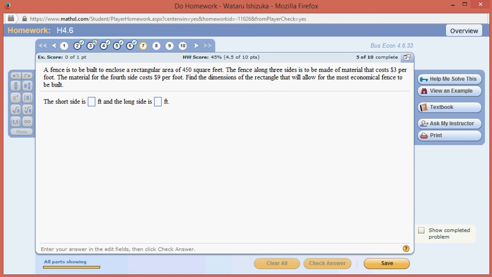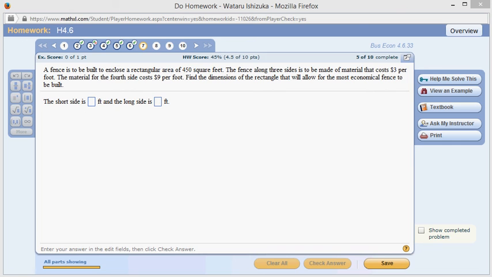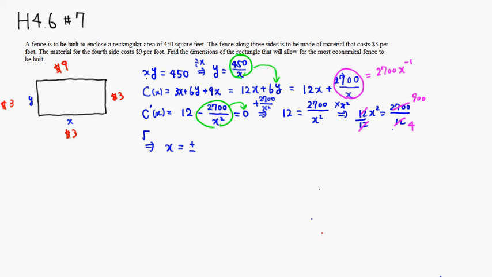The square root of 900 is 30, and the square root of 4 is 2, so it's just plus or minus 15. We're interested in the positive one, so x equals 15.